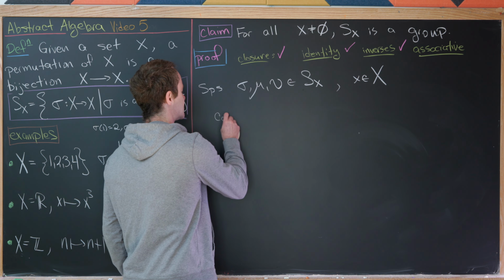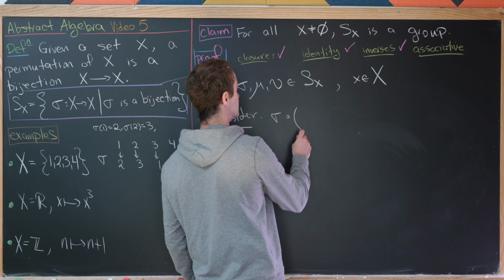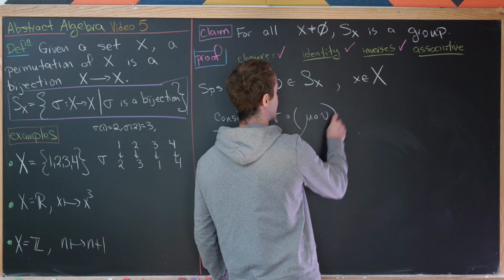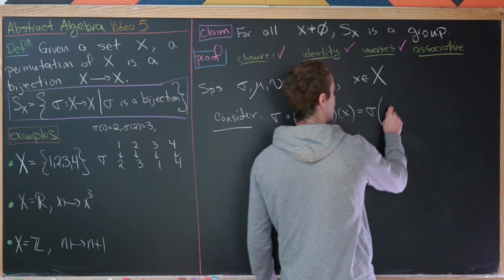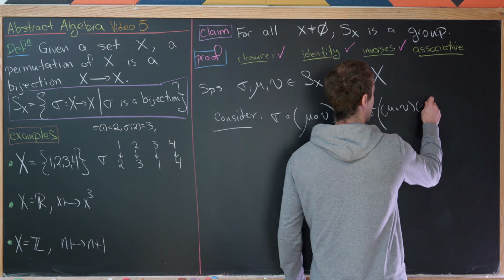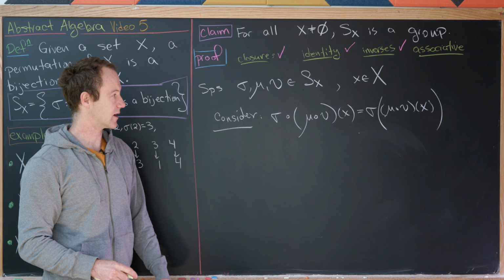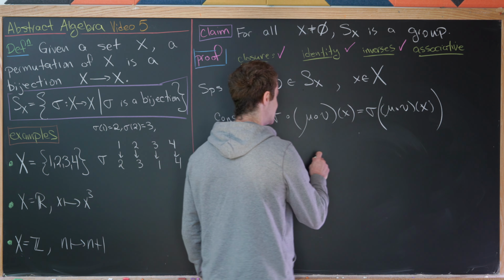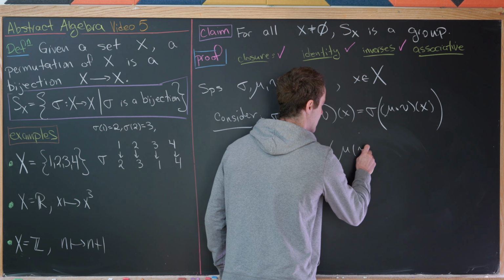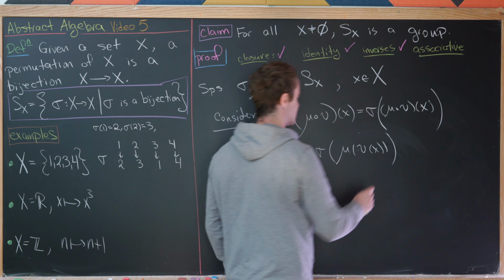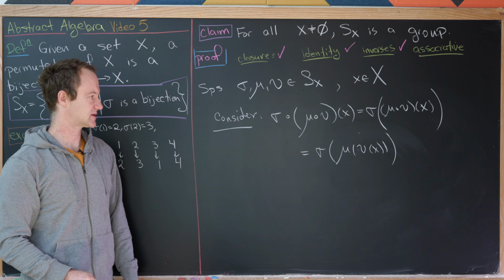Okay, so now let's consider the following object: sigma composed with mu composed with nu evaluated at x. That's going to end up being sigma of mu composed with nu evaluated at x, based off of how our parentheses are with this setup. Now let's work on this inside, and this inside is going to simplify to mu of nu of x. Great. So we end up with sigma of mu of nu of x.